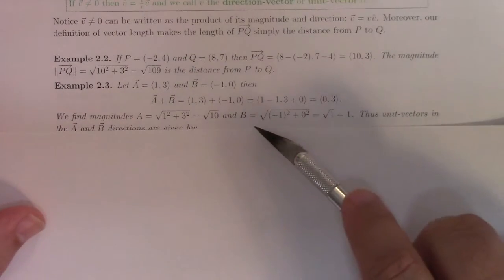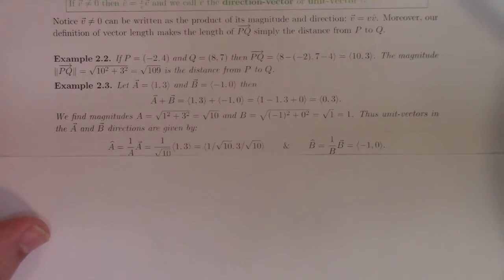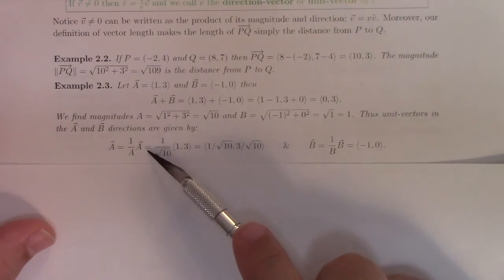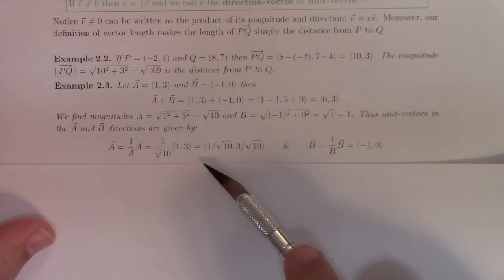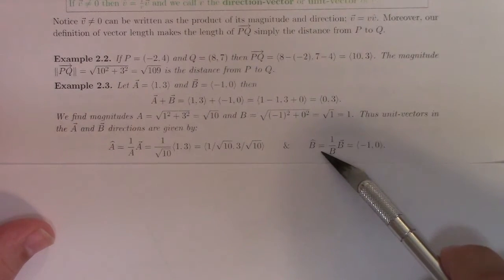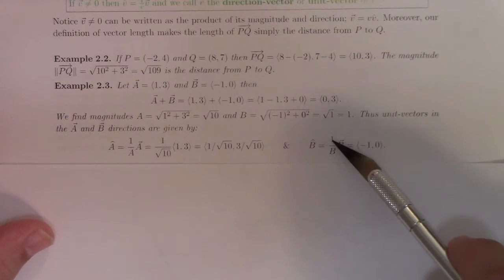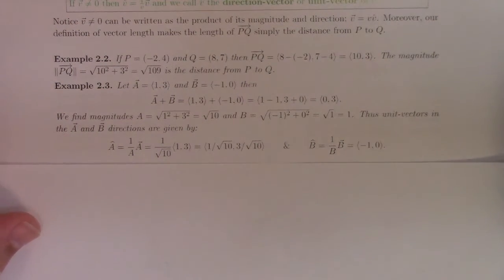So B is already length 1, so it's already a unit vector. And for the unit vector of A, we do 1 over the magnitude of A times the vector, which is 1 over the square root of 10 times (1, 3), which you could write in components as (1 over root 10, 3 over root 10). And b hat is very silly. It's just 1 over 1 times b, so b hat is equal to b. B and its unit vector are the same.